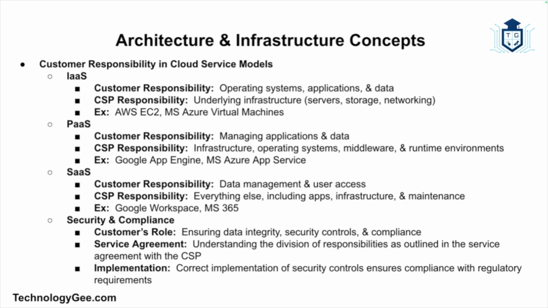The customer's responsibility in software as a service mainly involves data and user access, and the CSP takes care of almost everything else. Now, it is important for a customer to understand their responsibility in maintaining security, compliance, and data integrity as outlined in the service agreement with the CSP. Understanding this division ensures that security controls are implemented correctly and compliance requirements are satisfied.